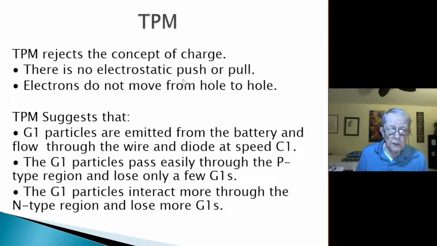And electrons do not move from hole to hole. Rather, instead of electrons, we have a G1 particle, which is like an electron with no charge. And the G1 particles are emitted from the battery and flow through the wire and the diode at speed c1.